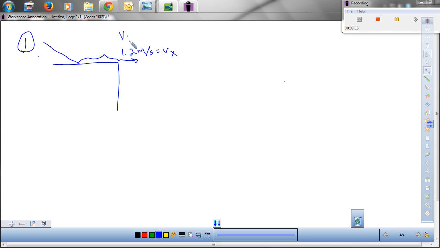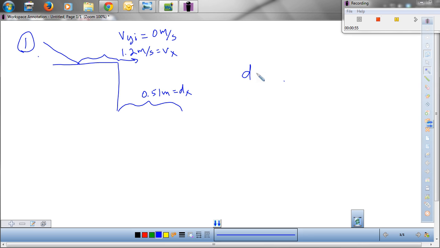The Vyi, the initial vertical velocity, is 0 because gravity hasn't had time to pull it off the table. There's a cup out here, 0.51 meters away, and they want the student to calculate how tall the table is.